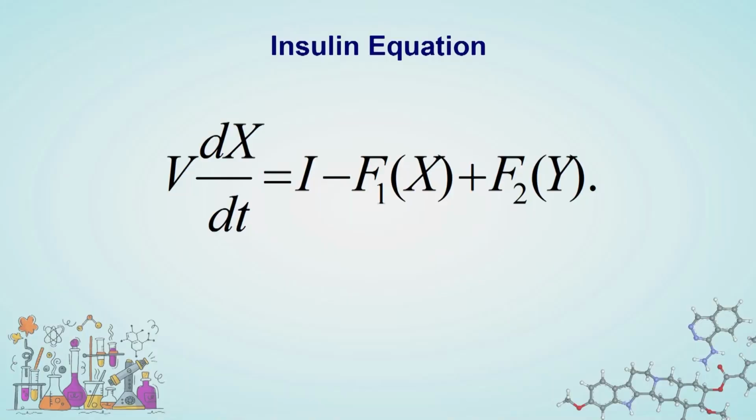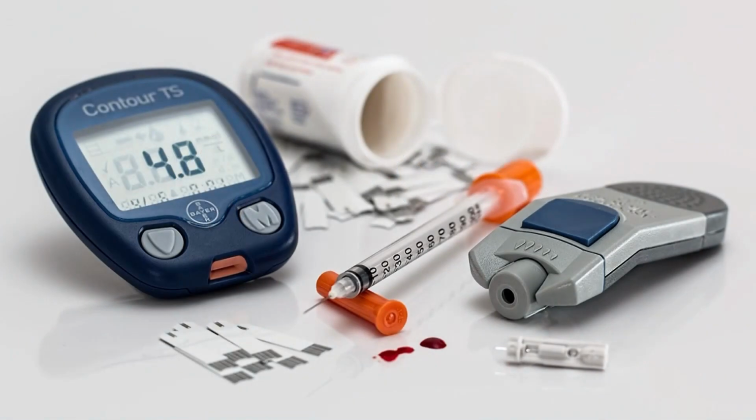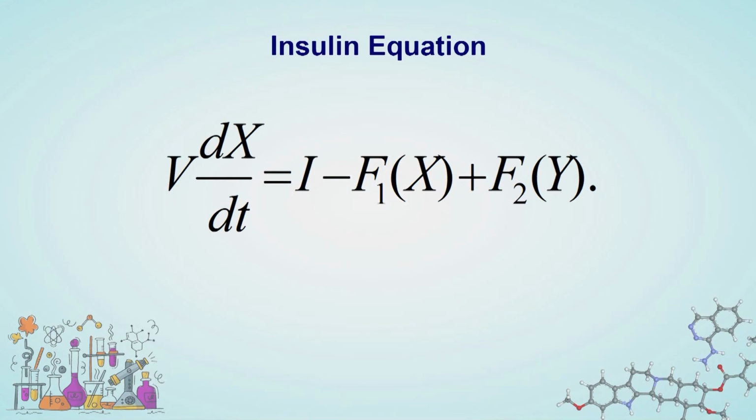If we define the insulin equation, then definitely there are critical terminology and chaotic conditions. But here we define the whole insulin equation in the simple term of the rate of change in x with respect to time t. And this is an ordinary differential equation which represents the insulin equation.